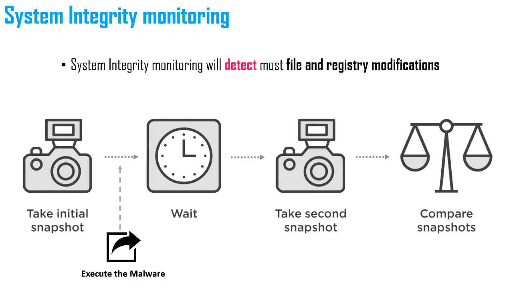System integrity monitoring detects most of the file and registry modifications. Here is the process I have shown in the picture. First, you have to take an initial snapshot. Here the snapshot does not mean your VMware snapshot, not your virtual machine snapshot.